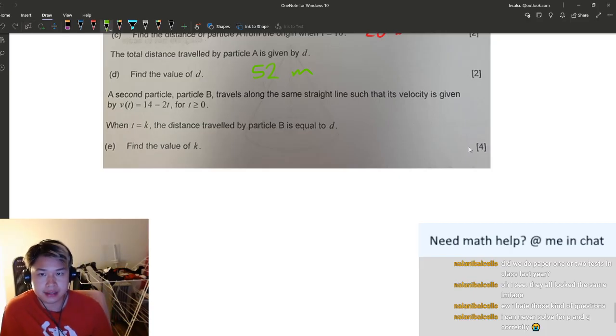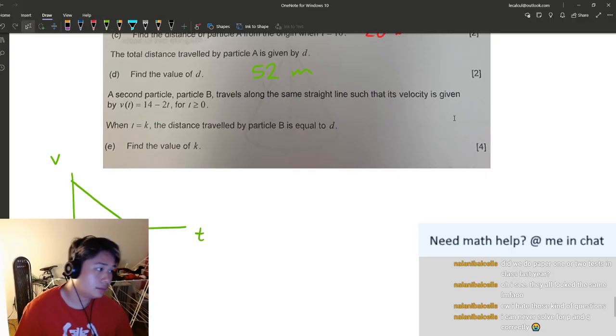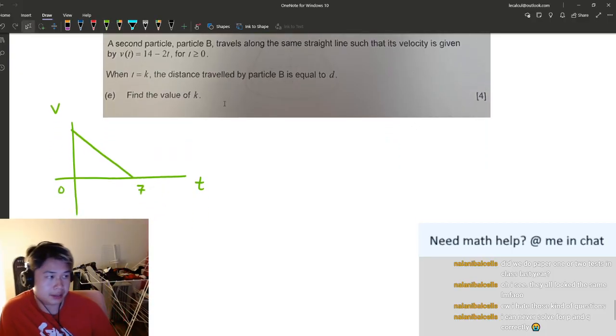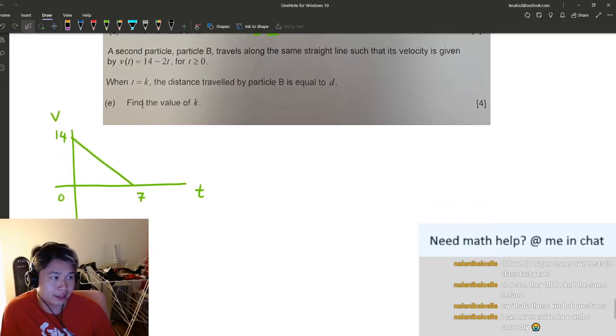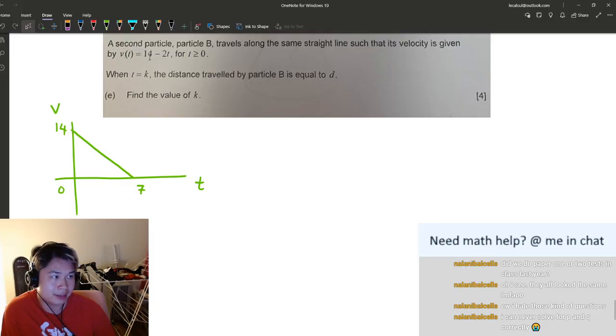Okay, so let's see. I decided to graph the velocity. And because it's a linear graph, it's very straightforward. It starts at a value of 14 when the time is 0.